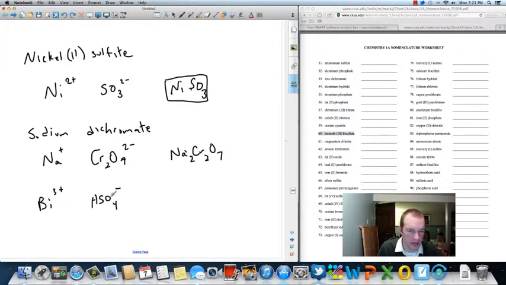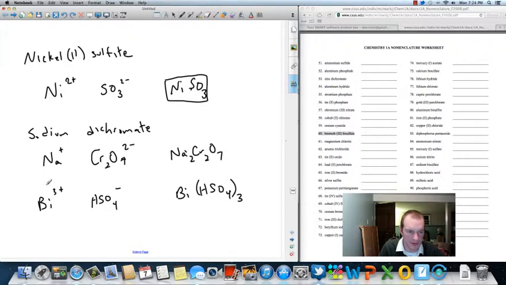So we have a 3 plus here and a 1 minus here. In order to come up with a neutral compound, we're going to need to have 3 of these HSO4s. So we're going to have a formula BiHSO4, but we need 3 of them, so we need to put that in parentheses with a 3 on the outside.